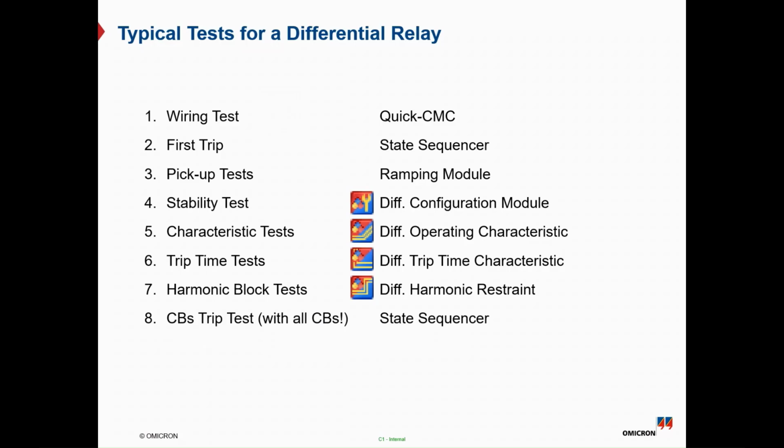One of them is the differential configuration test module, which can serve for commissioning a differential protection system or finding a configuration fault or wiring fault with this module. All faults which are located within the unit protection can be detected and corrected. And then we have the differential operating characteristic, the differential trip time characteristic, and also, last but not least, the differential harmonic restraint blocking.